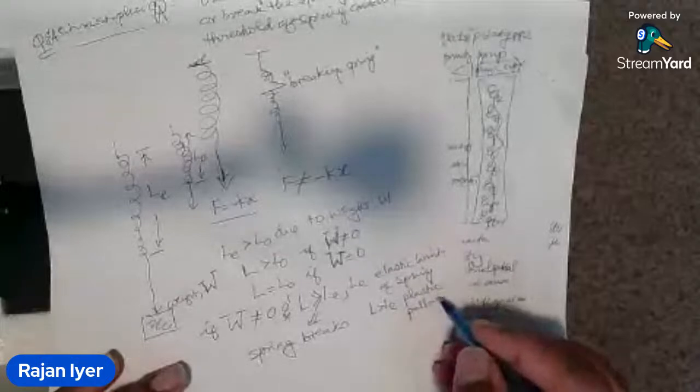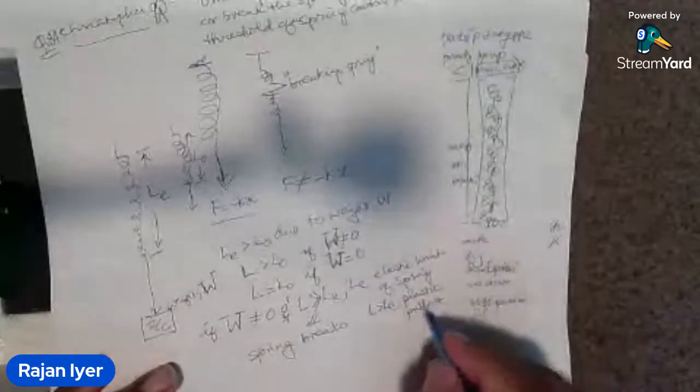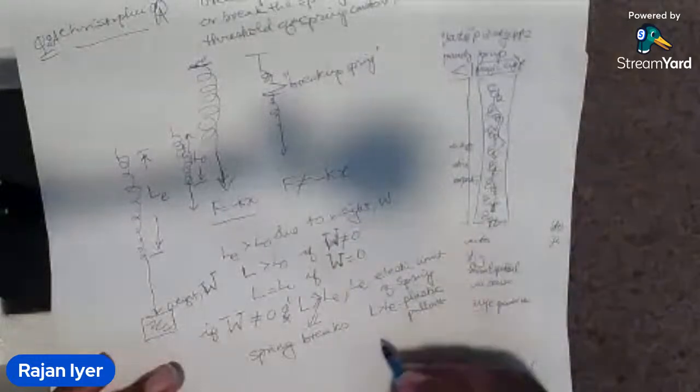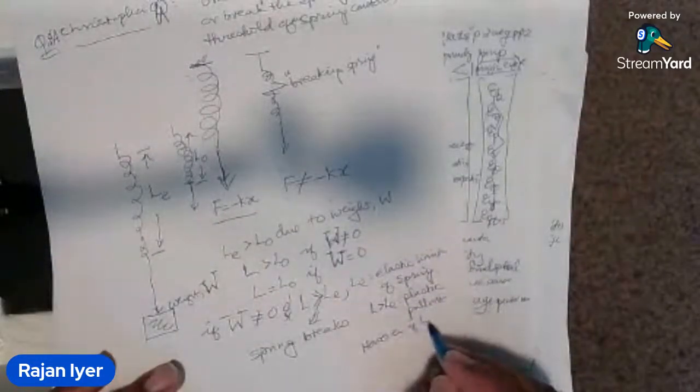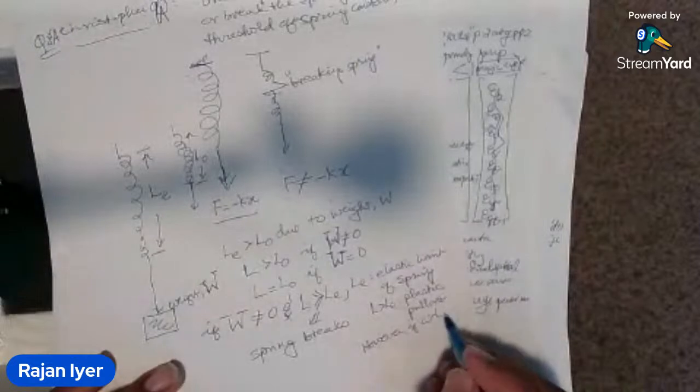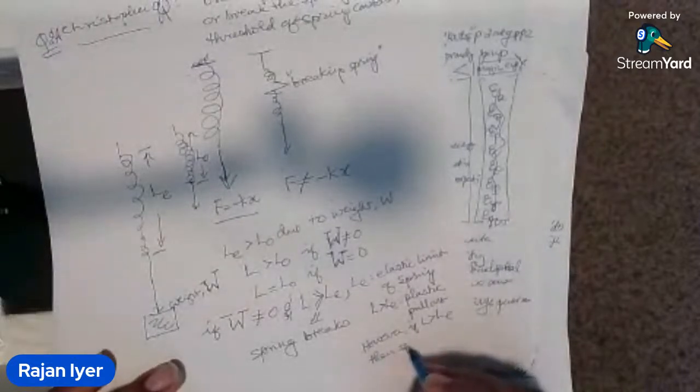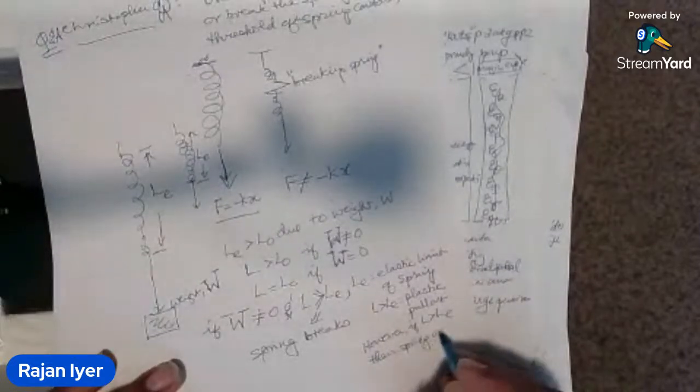But even in this case, it will not come back. However, if L is greater than Le, then the spring won't recover to L naught. So in this case, F is also not equal to minus kx.